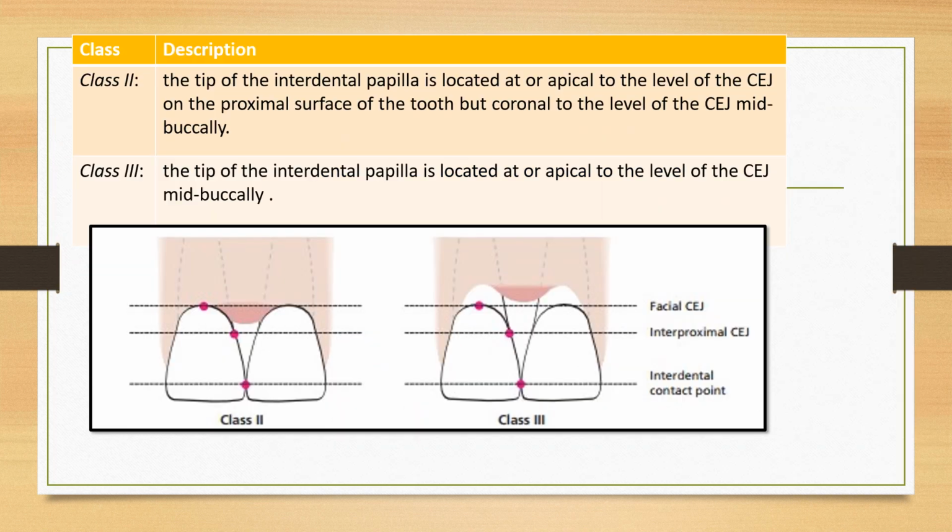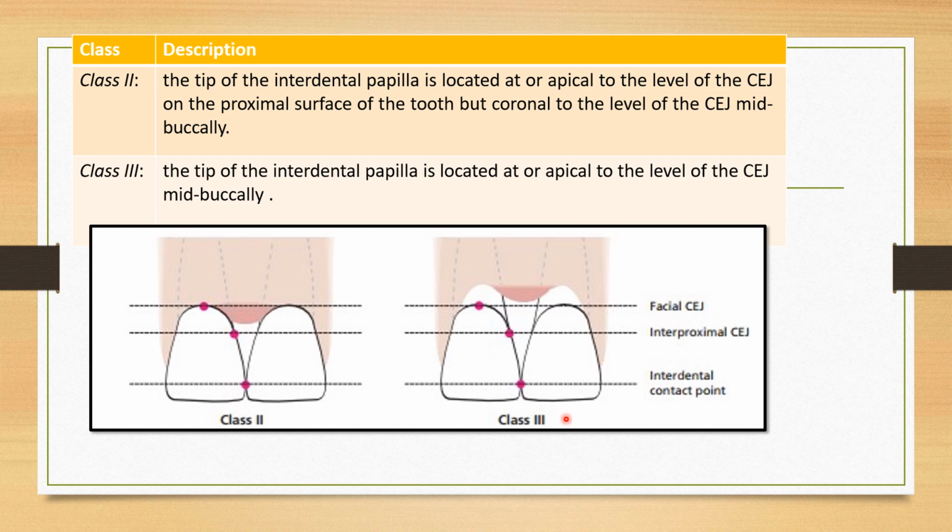Coming to class 2, the interdental papillary tip is located at or apical to the level of CEJ on the proximal surface of the tooth, but coronal to the level of CEJ mid-buccally. So it will be at or apical to the level of CEJ proximally, but it will not go beyond this in the buccal area.